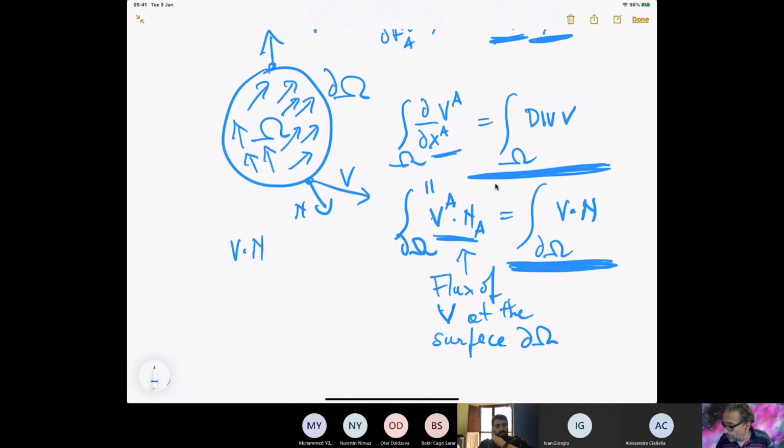Okay, so Gauss theorem allows you to transform a volume integral into a surface integral. Okay.